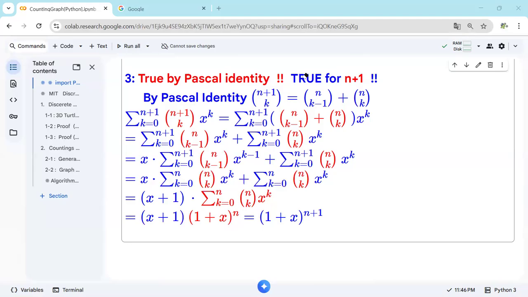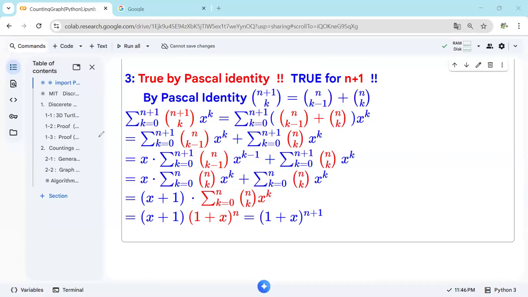So it's important for you to memorize and understand this proof technique, this proof methodology, for the case when we prove the binomial theorem.